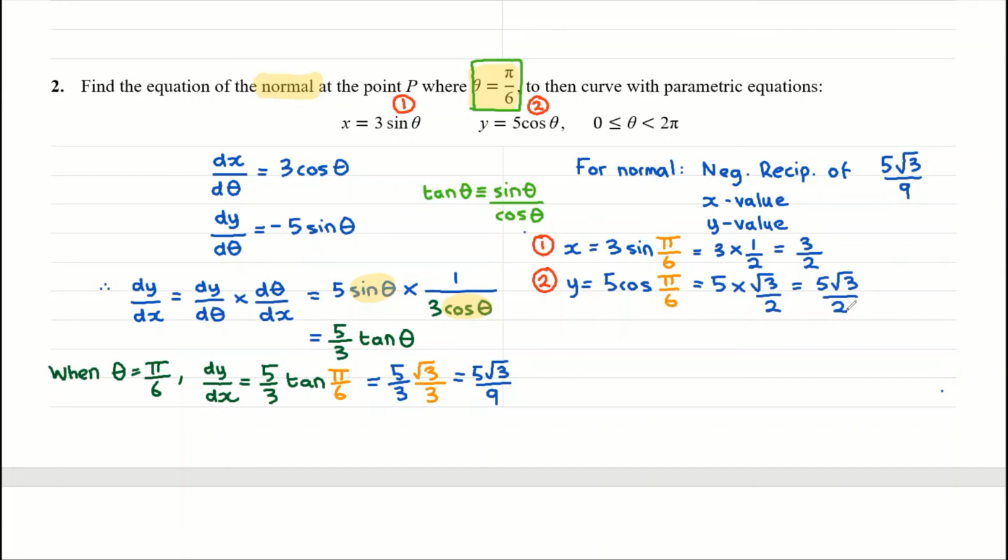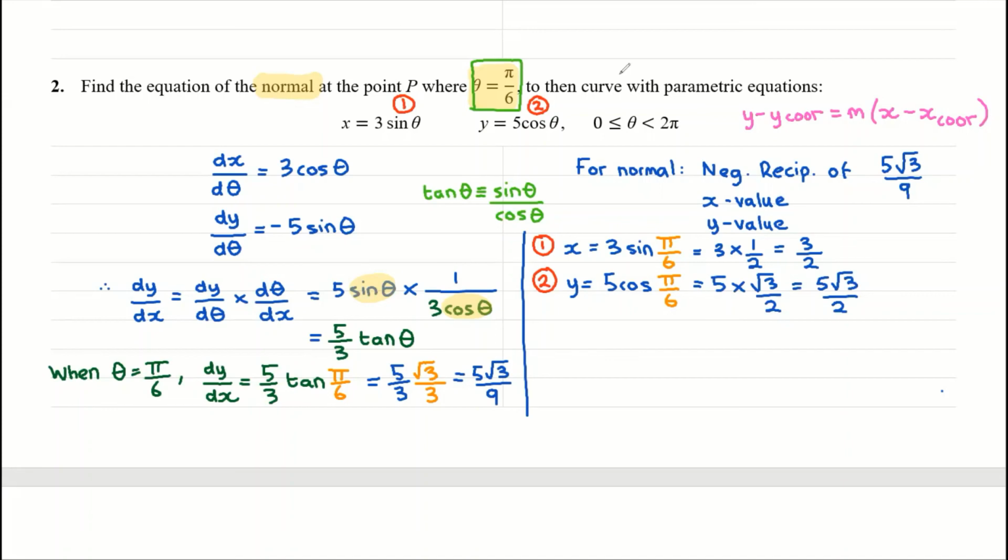I'll just put a partition here so we don't get muddled up. Now, the equation, obviously, of a straight line, we would take y, subtract the y coordinate, is equal to the gradient multiplied by x, subtract the x coordinate. Okay, it's the most useful form in this situation when you've got the gradient and the pair of coordinates.